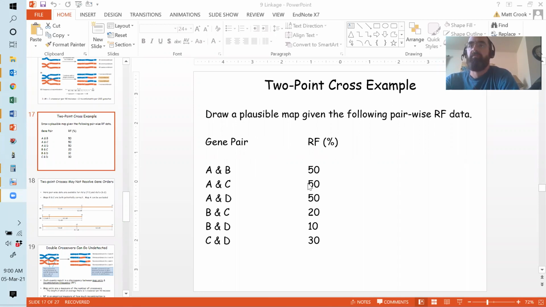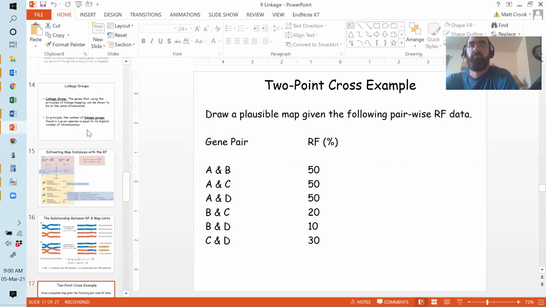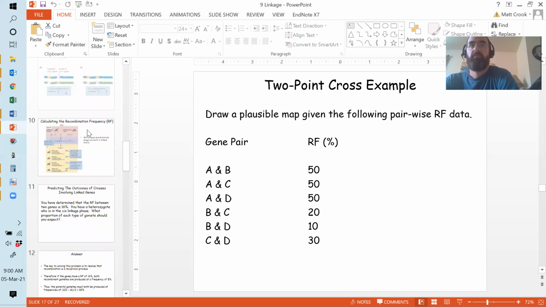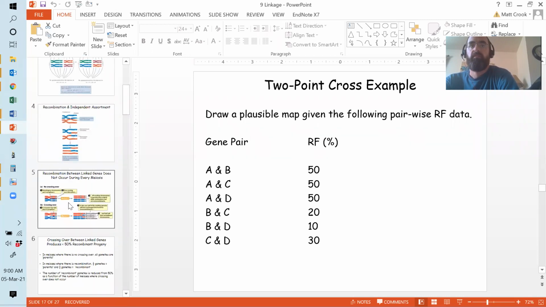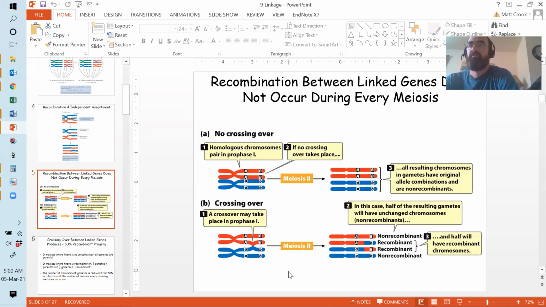Okay, give you a hint. What do you think 50% recombination frequency means? If we have recombination occurring in 50% of the chromosomes, what does that mean?